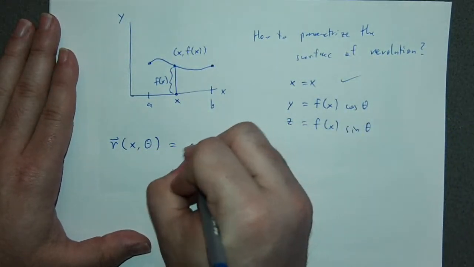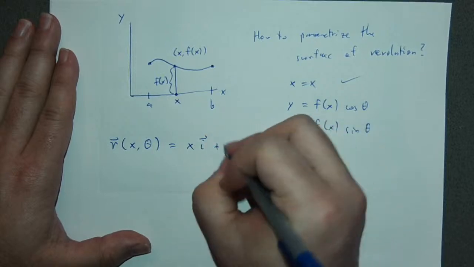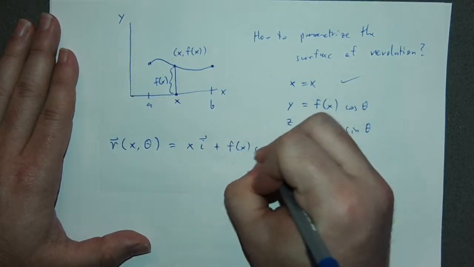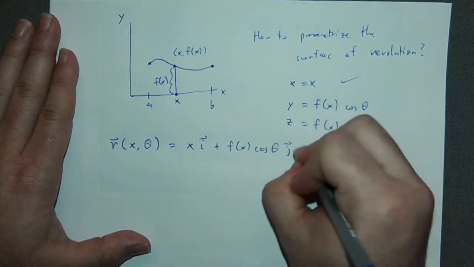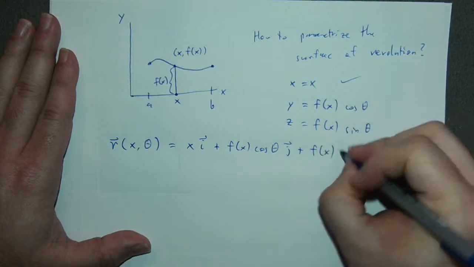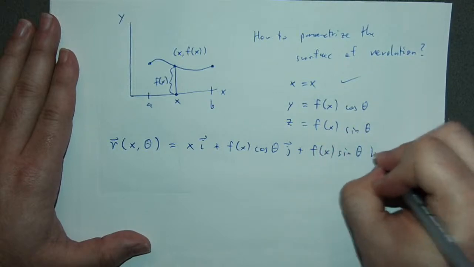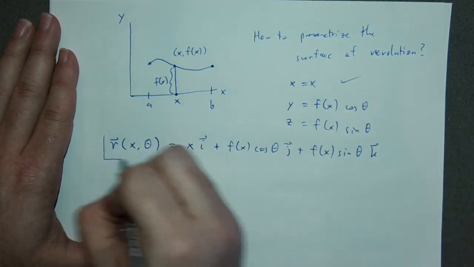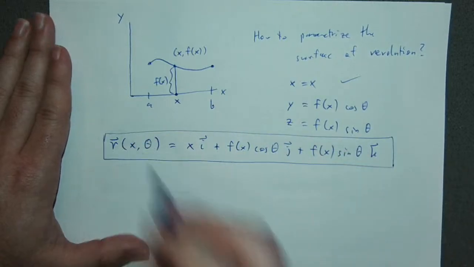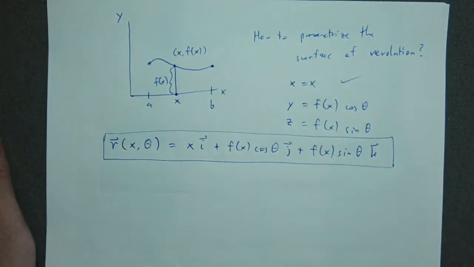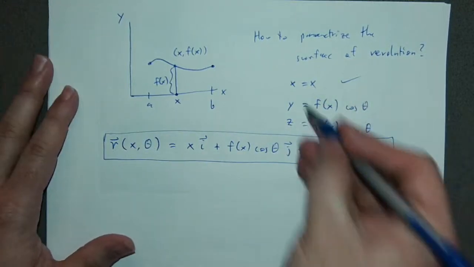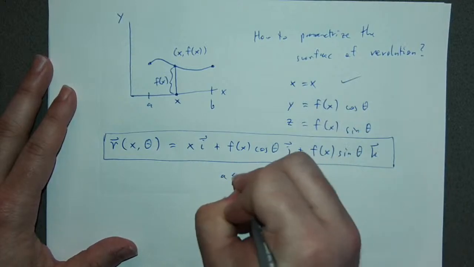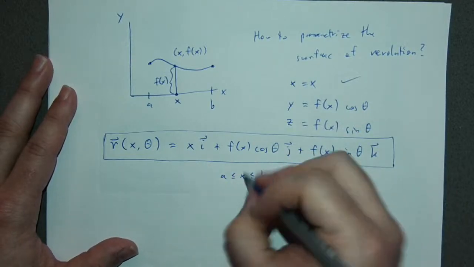This is given as r = x i + f(x) cos θ j + f(x) sin θ k, where, of course, x lives between a and b, and theta is from 0 to 2 pi.